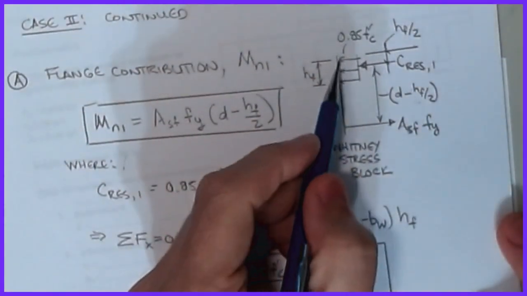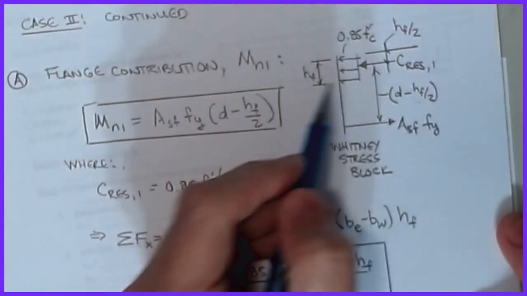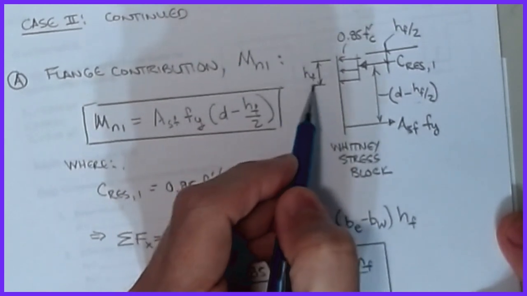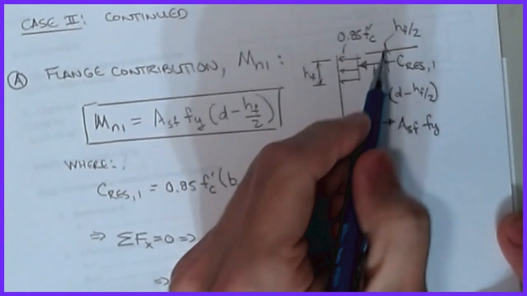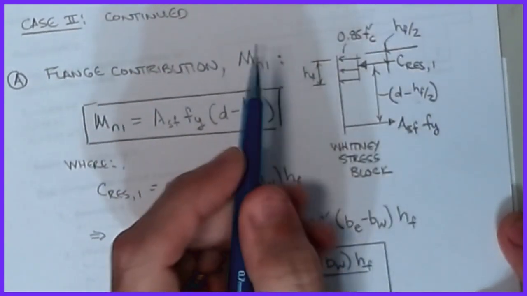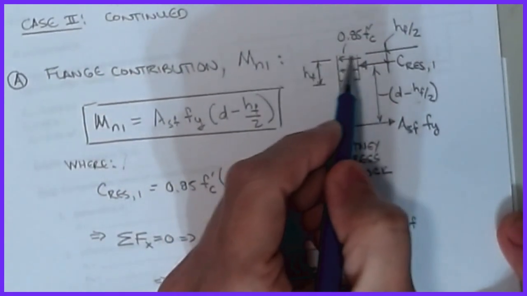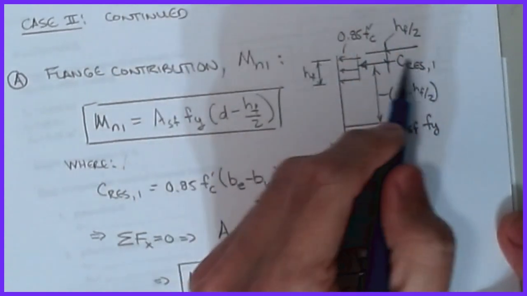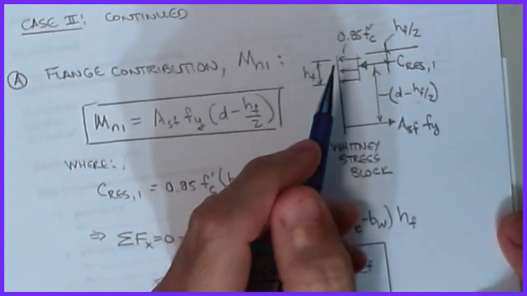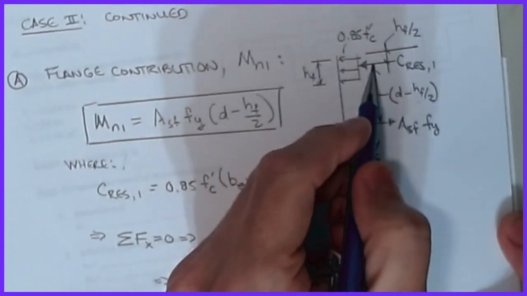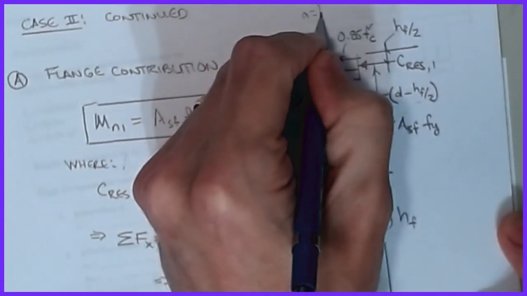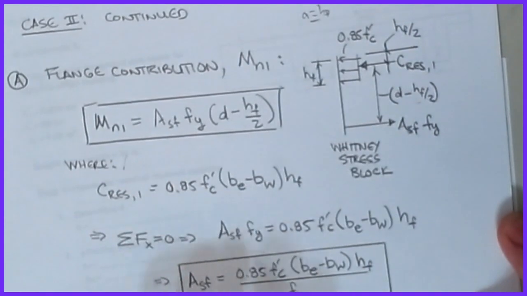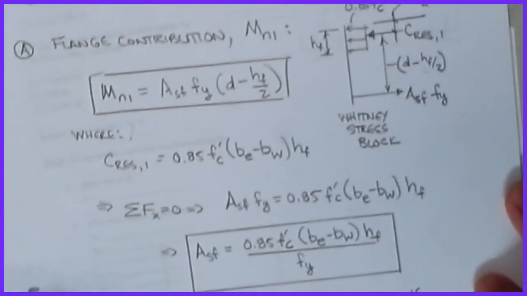The width of the block is limited by the dimension of the flange, so instead of being A, the only difference is now it's HF here. Everything else is exactly the same. The centroid is located at HF over 2. The intensity of my stress block is 0.85 F prime C. I'm going to calculate C-res for the concrete, just like we did before, and then the moment arm is D minus HF over 2. Again, all we've done is basically say A is equal to HF in this picture, and everything else is exactly the way that we did it before.